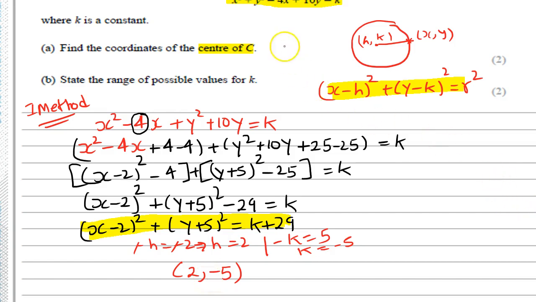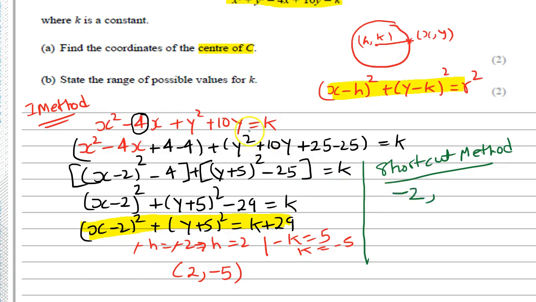I told you that I can teach you another way. Another shortcut method, just for your knowledge, is this. Whatever is the number with x, you divide it by 2. So minus 4 divided by 2 is minus 2. Similarly, whatever is the number with y, you divide by 2, so you got 5, and then change the sign.